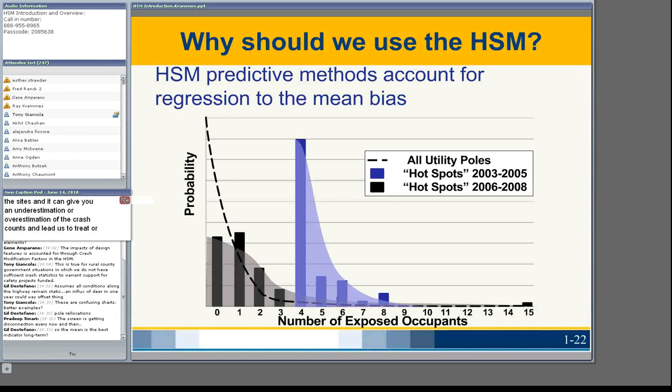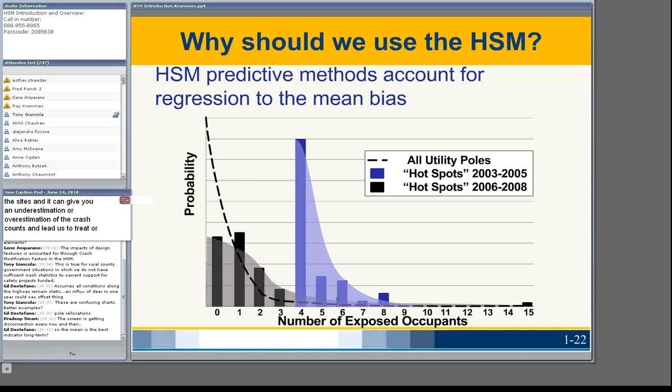And I've tried to illustrate the limitations of current methods, some of the statistical problems and the limitations of sole reliance on crash counts.